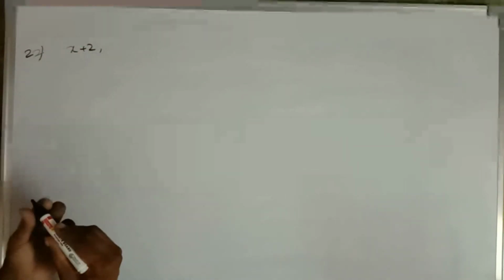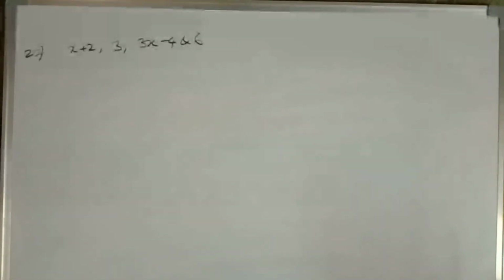If x plus 2, 3, 3x minus 4 and 6 are in proportion, then find the value of x.